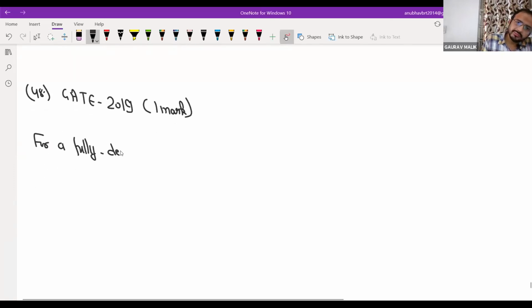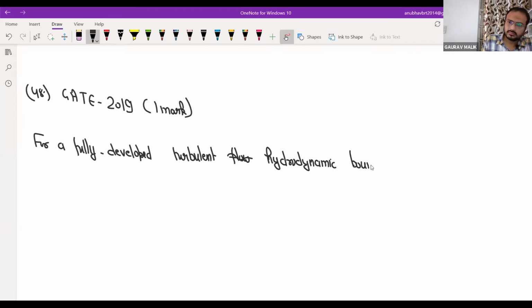For a fully developed turbulent flow. For a fully developed hydrodynamic boundary layer theory.